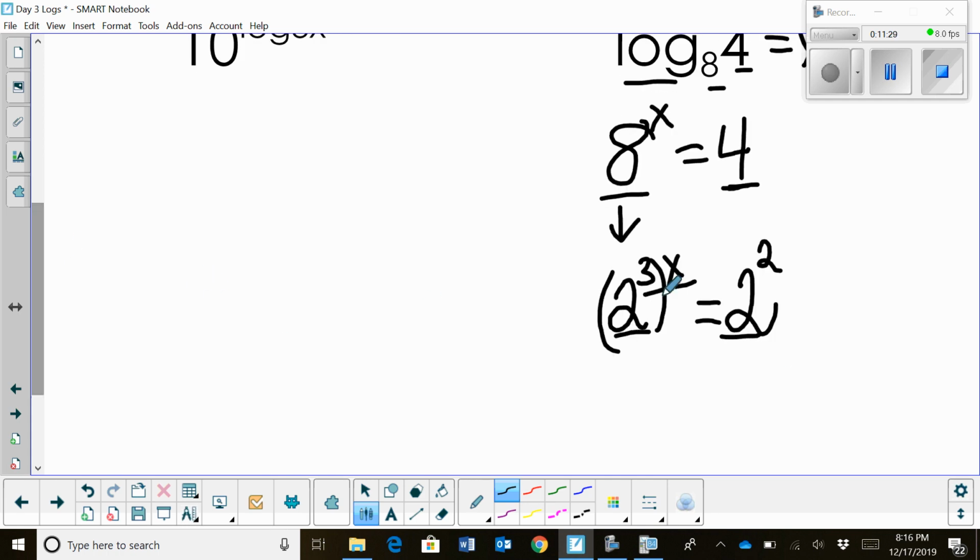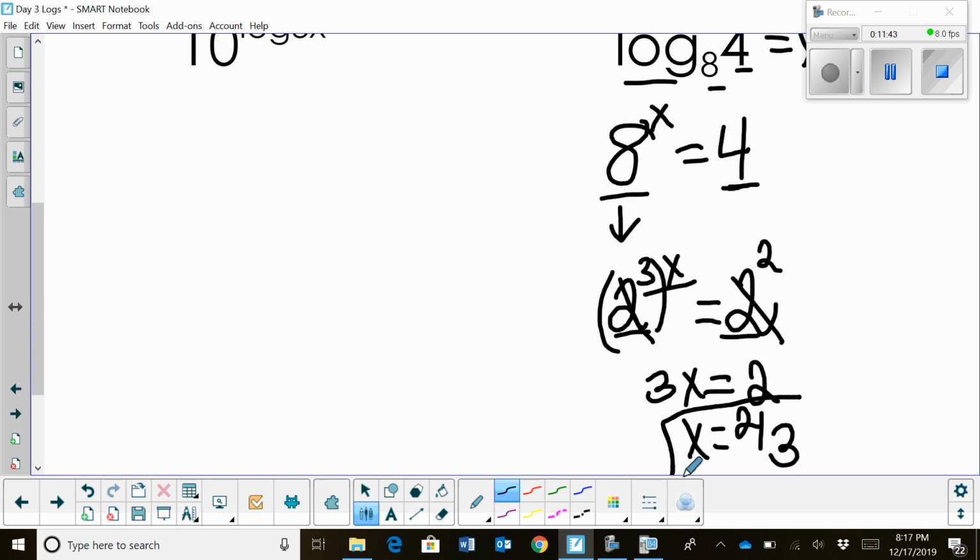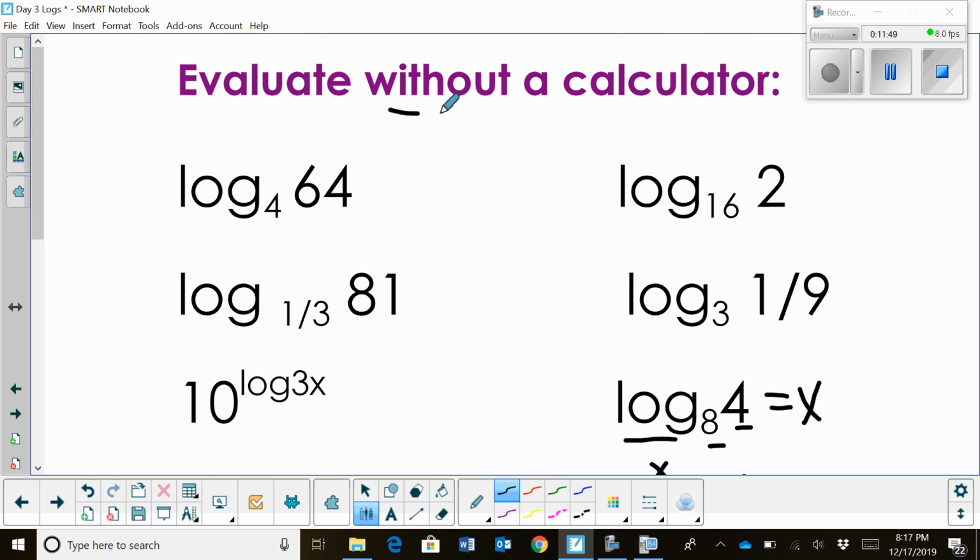Well, once my bases match, don't I know the exponents have to be equal then. So I'm going to set 3x equal to 2. So x is equal to 2/3. And there's my answer. So you're always trying to get like bases, and that's how you simplify logarithms without a calculator.